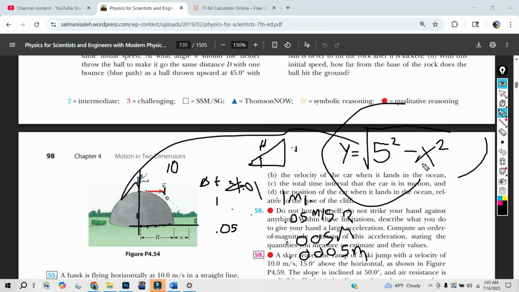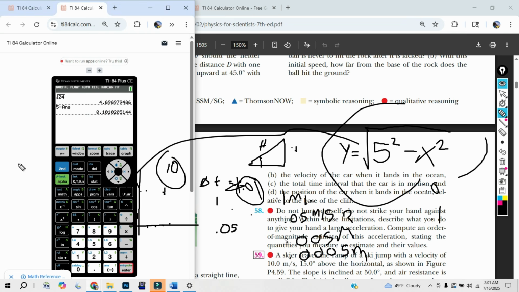And then when we throw in 0.1, if we have a 100th of a second and we're going 10, that's going to be 0.1. So if we throw in 0.1 meters here, break out our calculator. We're going to have 5 minus the square root of 5 squared minus, but you know what?